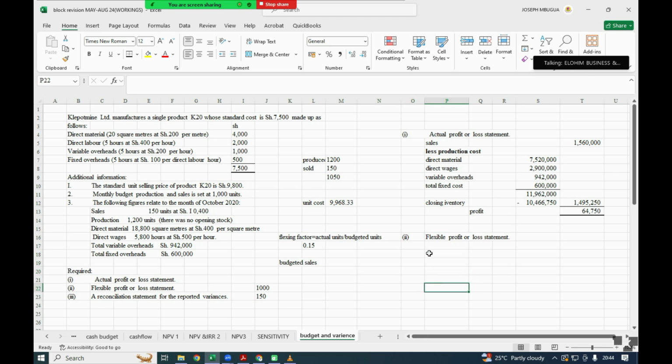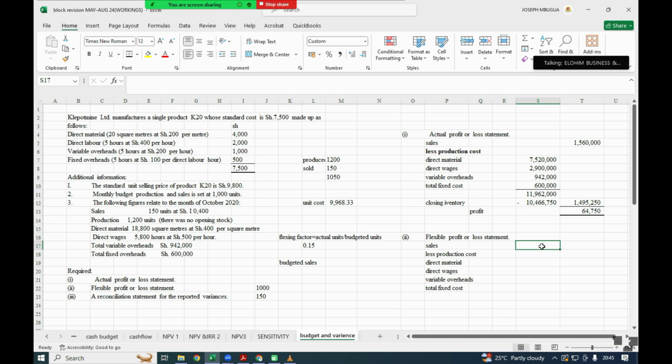I'll just copy the items that we had here, because they are the same items that will be replicated, with an exemption of the closing, because we are preparing it from the budgeted and we did not have any closing inventory.